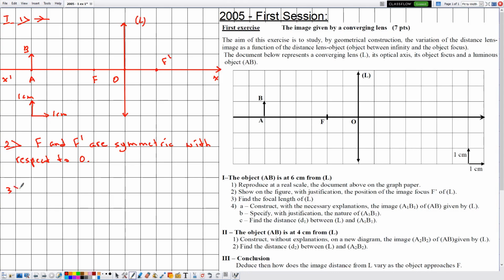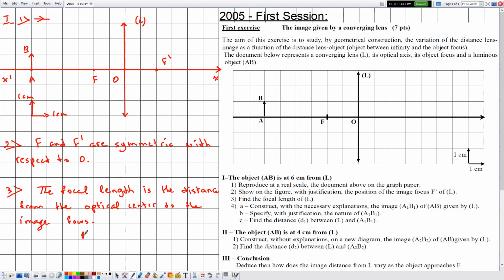Now in number 3, they are telling me find the focal length of L. Now we know the position of the image focus and we already have the position of the optical center, therefore we can calculate the focal length by referring to its definition. The focal length is the distance from the optical center to the image focus.